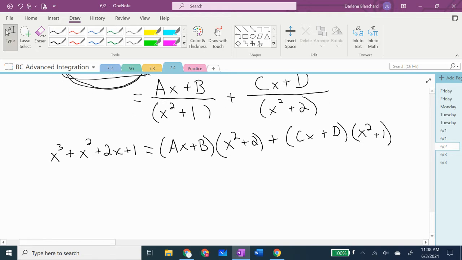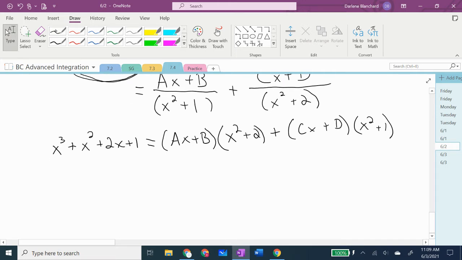Now, if I want to find what a, b, c, and d are, it's going to be easiest if I go through expanding the polynomial on the right. So I have ax distributing through, giving me ax cubed plus 2ax.